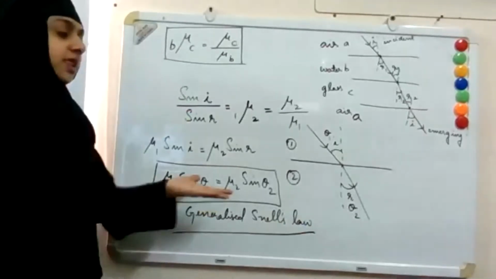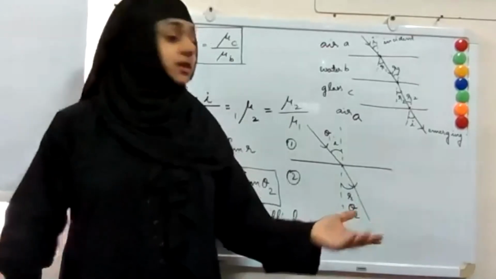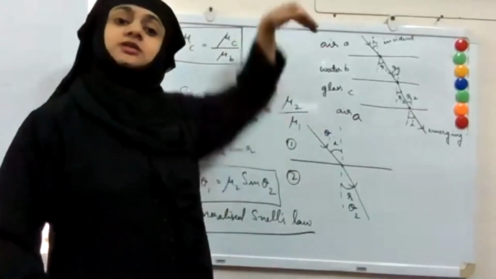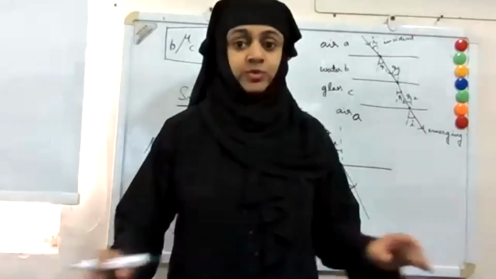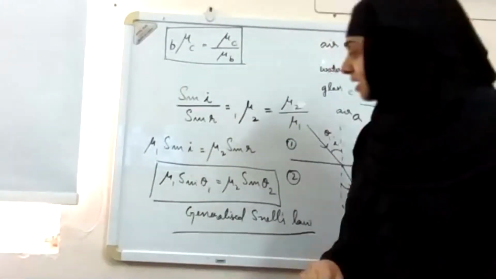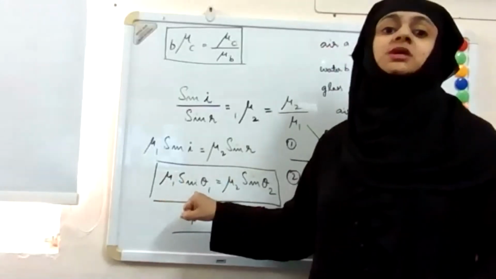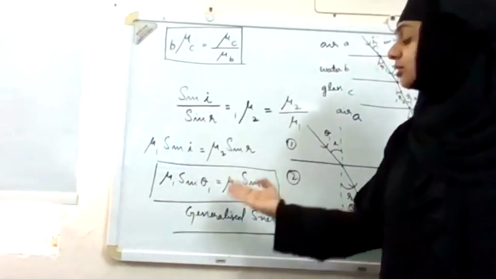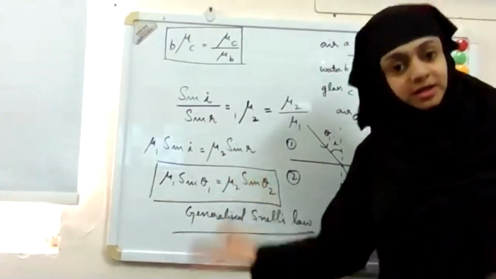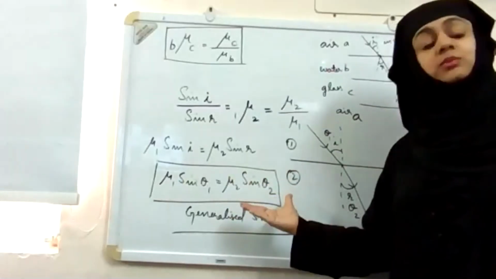Why? The light can be traveling from any medium to any medium. Maybe it's traveling in this direction, it may be traveling in that direction. Doesn't matter at all. What you need to know is that the refractive index of one medium times the sine of the angle in that medium is equal to the refractive index of another medium times the sine of the angle in that medium.